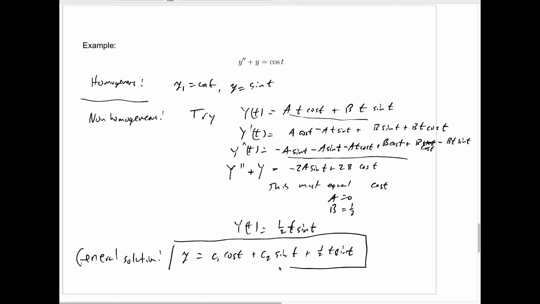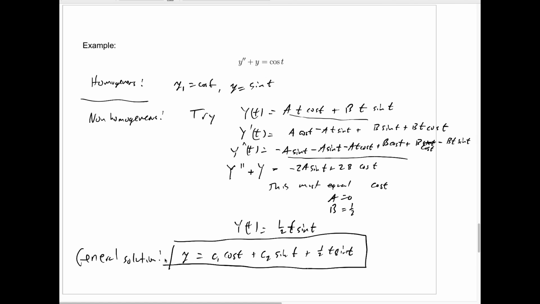Now, this method of undetermined coefficients, we've been applying it only in the case of second order linear constant coefficient differential equations in order to find a particular solution to the non-homogeneous equation. In this case, what we use as our guess depends a lot on the form of the function on the right side of the equation. And there are many different possibilities.